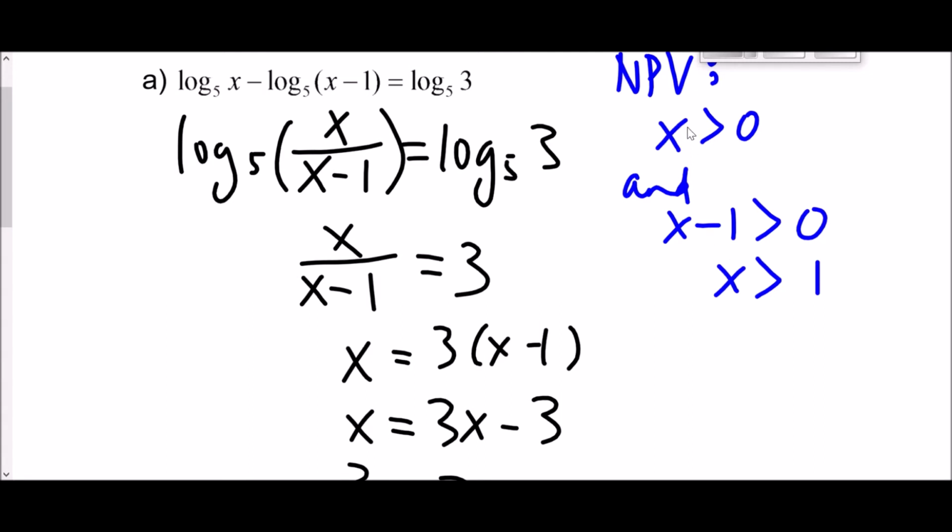I'm a visual type person, so I'm going to sketch this. One says x has to be greater than 0. So let's say 0 is here. X has to be greater than that, so that means all this. And another one says that x has to be greater than 1.